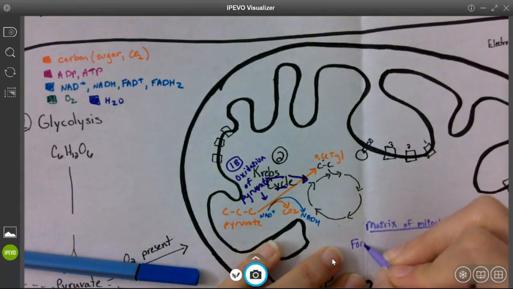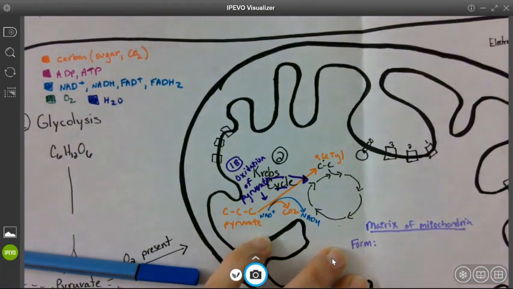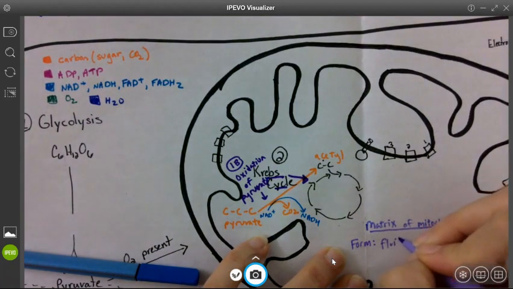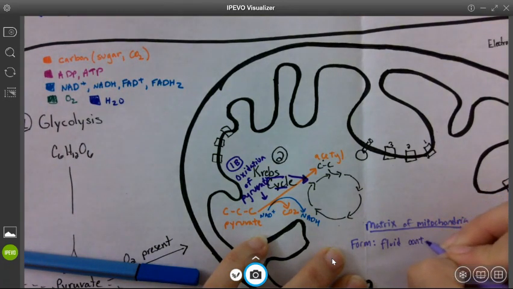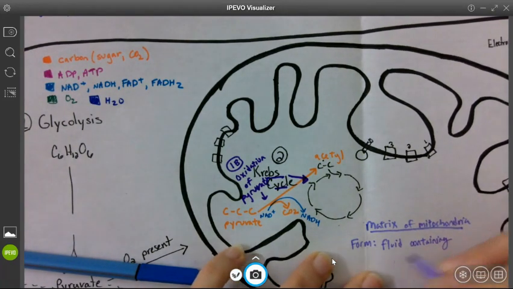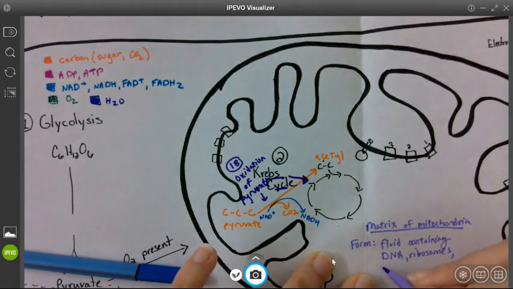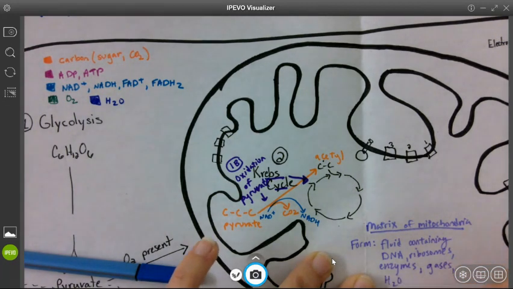The form or structure of the matrix of the mitochondria is fluid containing, we know the matrix of the mitochondria has its own DNA and its own ribosomes, but more importantly, for cellular respiration, it also contains enzymes that can help with the Krebs cycle, gases like oxygen and carbon dioxide, water.